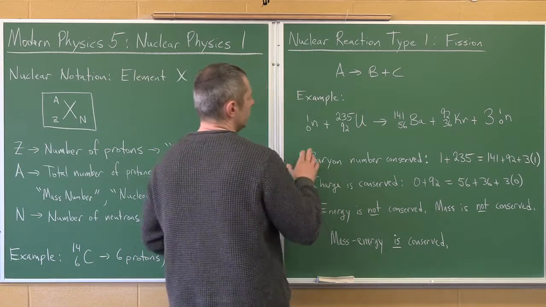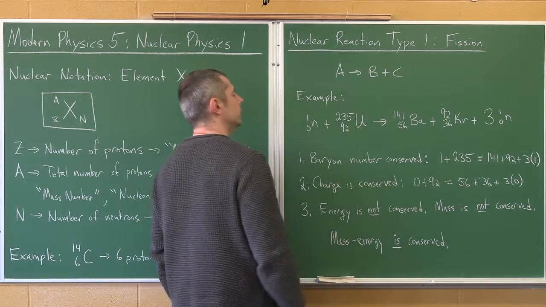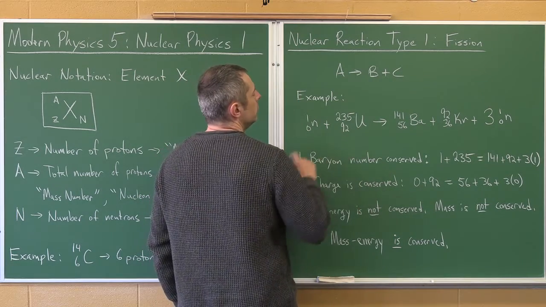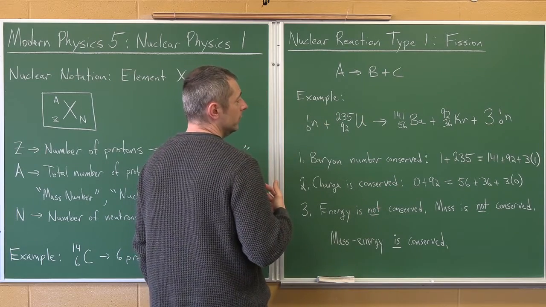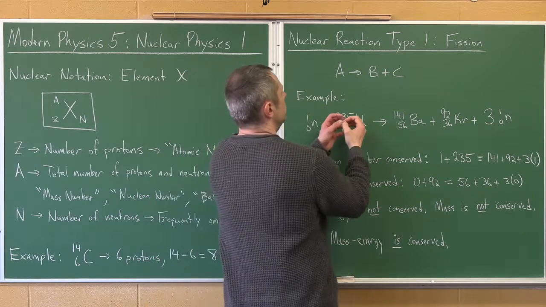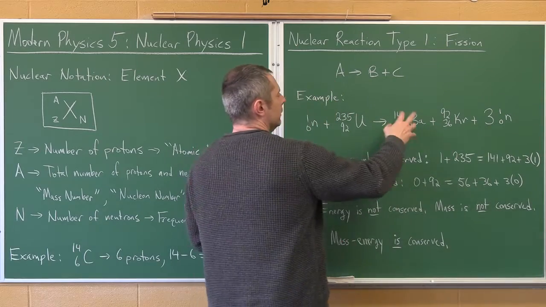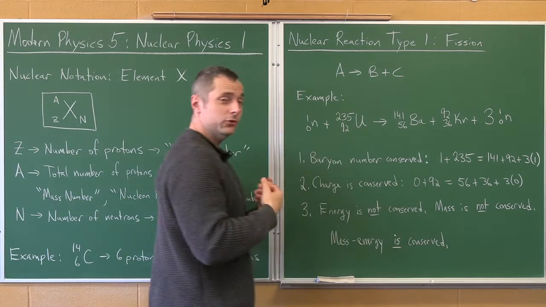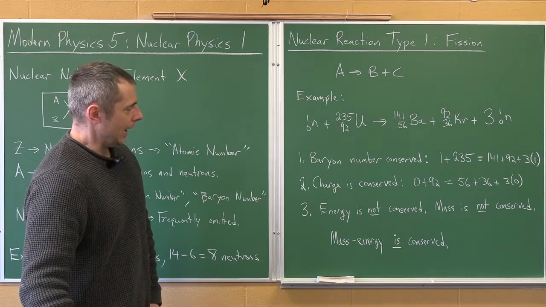An example: let's suppose we've got a neutron bombarding a uranium, 92 protons, 235 total neutrons and protons together. Then that giant nucleus splits into 2 parts, a barium and a krypton. Here are the numbers, and also 3 neutrons are present after the reaction.